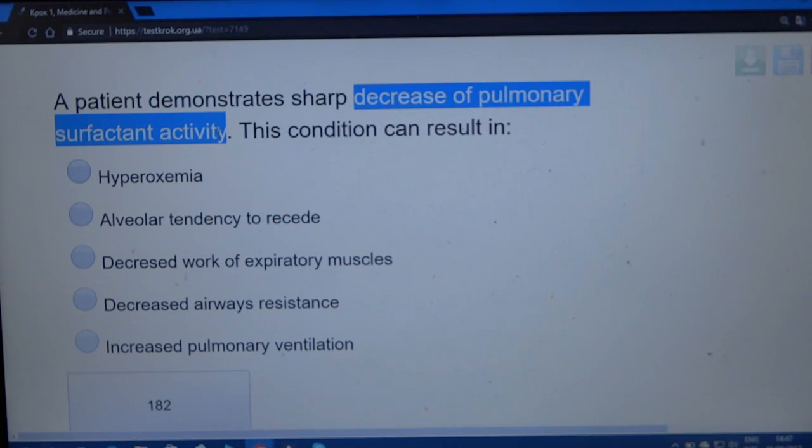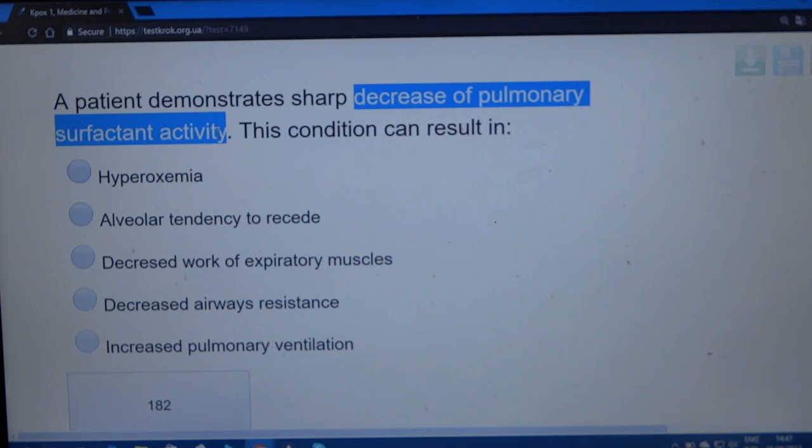The function of surfactant is to lower the surface tension at the air and liquid interface within the alveoli of the lungs. So it is needed to lower the work of breathing and to prevent alveolar collapse at end expiration.